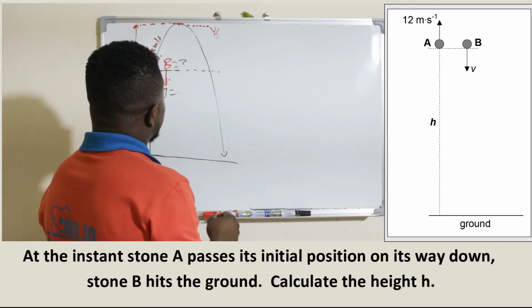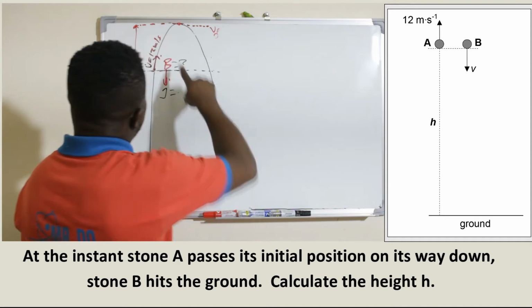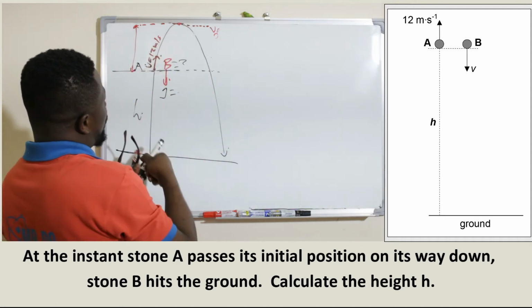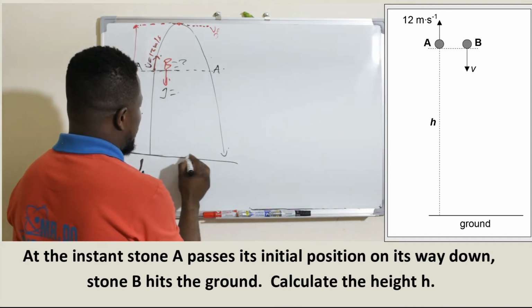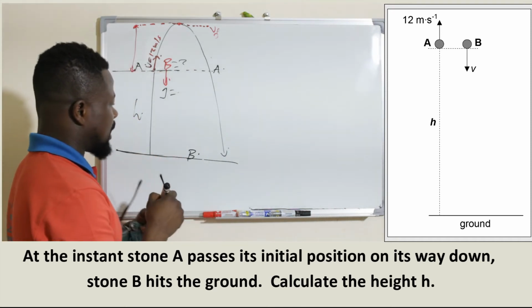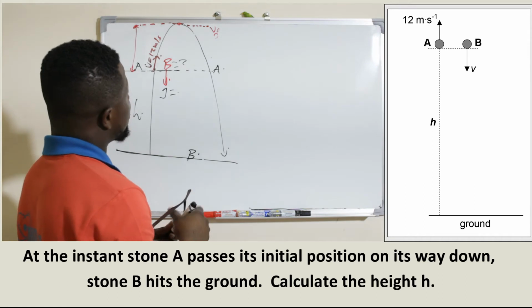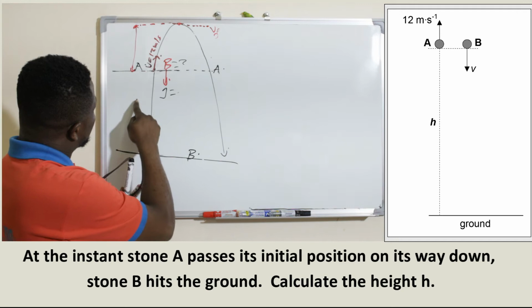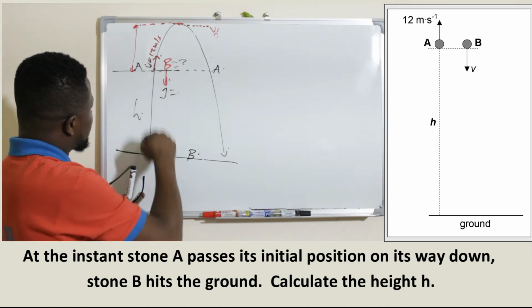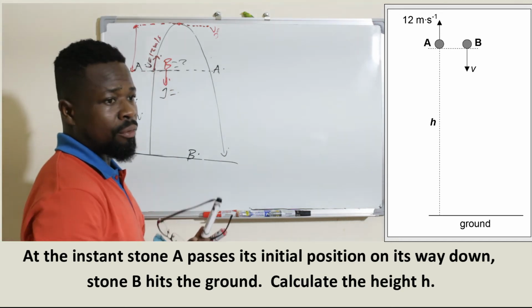But now what the question is saying is that after A has returned to its position here, this B was already on the ground here. B was down here. That is what we were told by the question. And now the second is to calculate the height from here to here, which is the h that we need to look for.